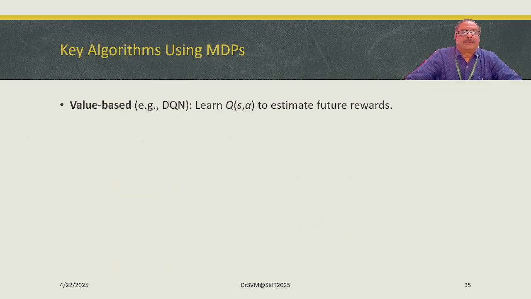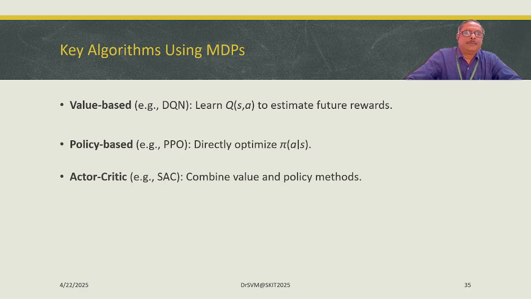So the various algorithms we have can be value based, policy based, or actor critic. Value based is one where the Q values at any given state-action pair are used to estimate the future rewards.